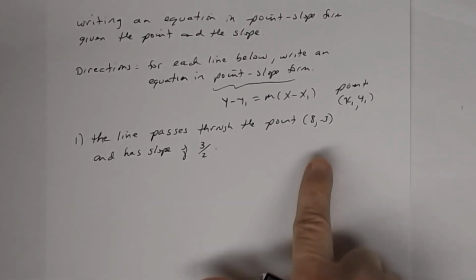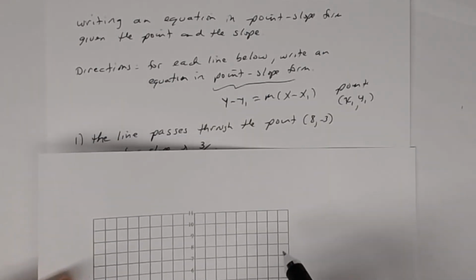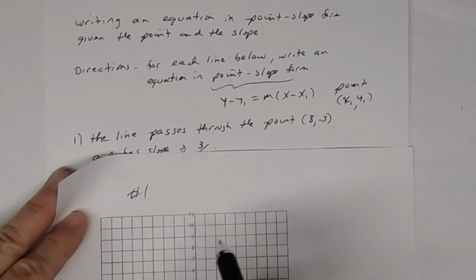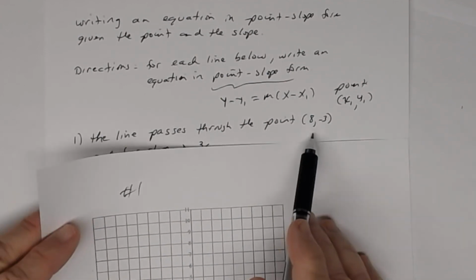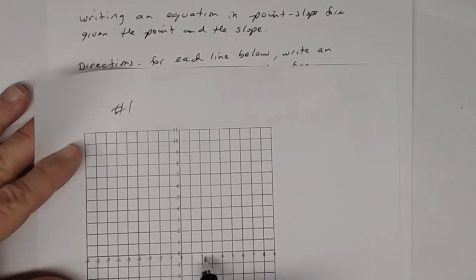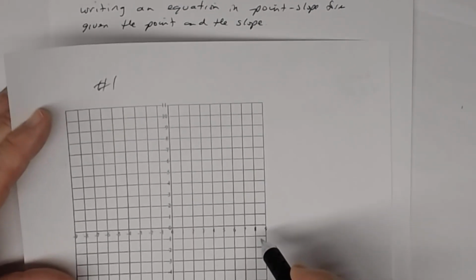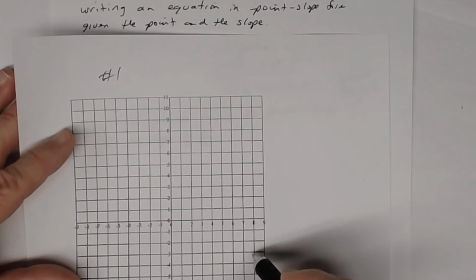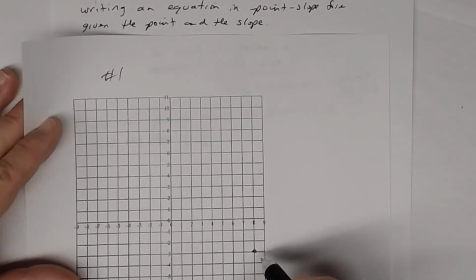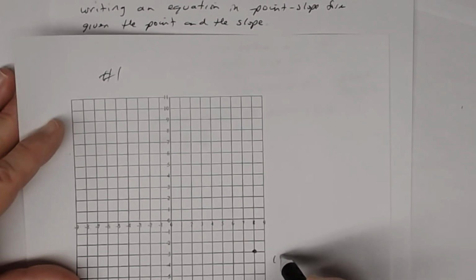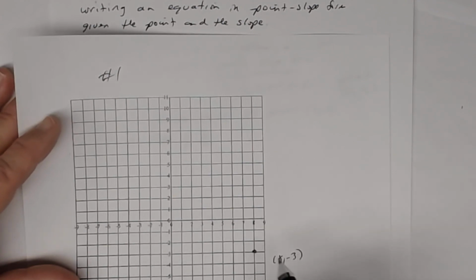If you look at the graph of number one, we're going to plot the point 8, negative 3. There's the point 8, negative 3, and I want to graph this line.